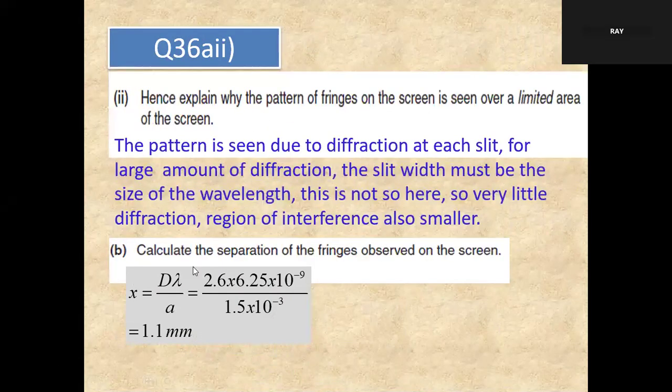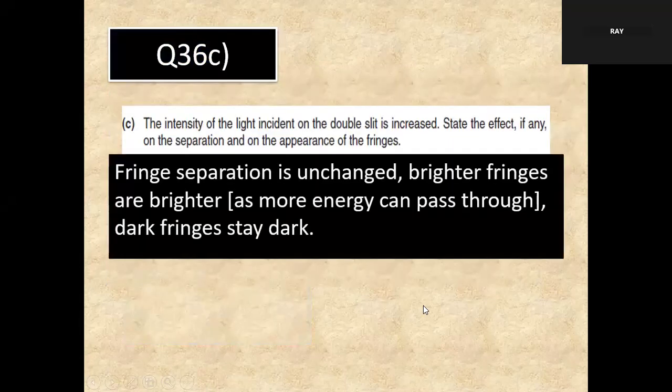Separation is not affected by intensity. Fringe separation is unchanged. The fringes are brighter, as more energy can pass through. Dark fringes stay dark, not darker. Dark is dark, not darker. Okay?